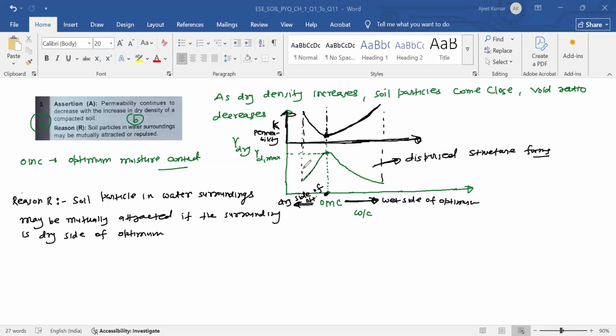On the dry side, a flocculent structure is formed, and attraction predominates.